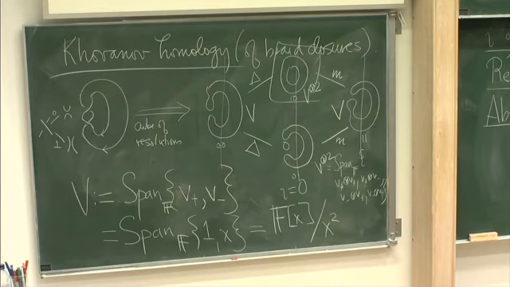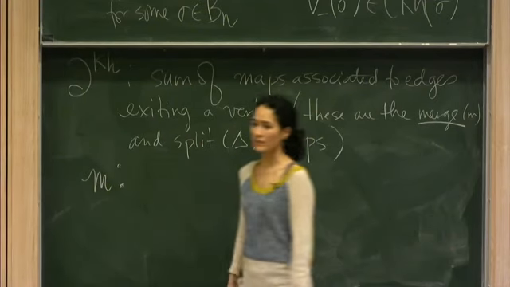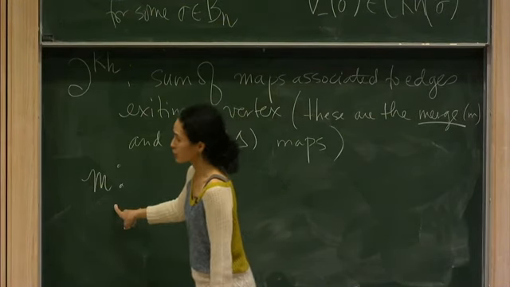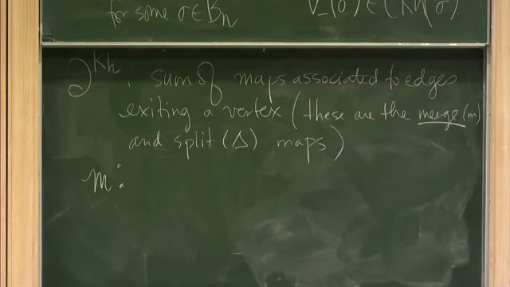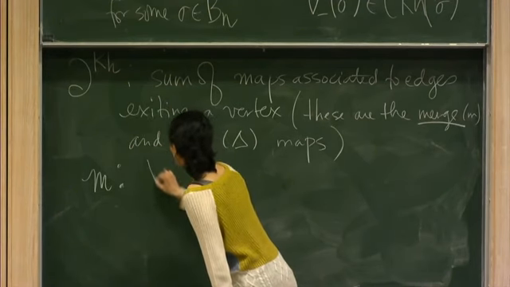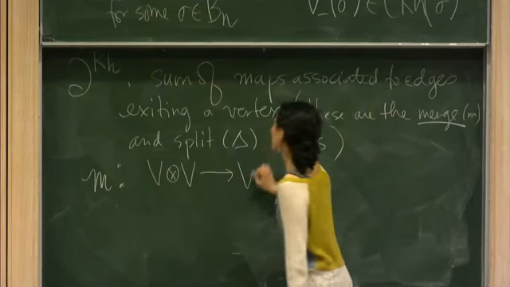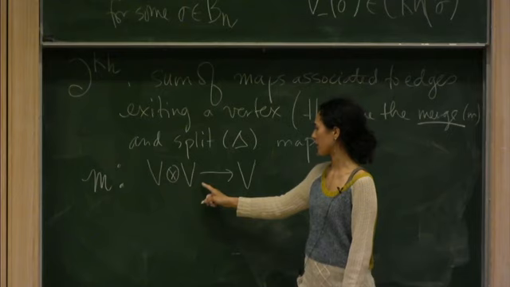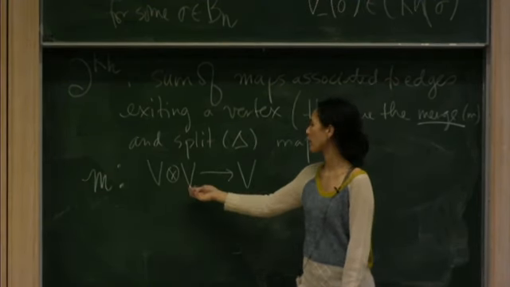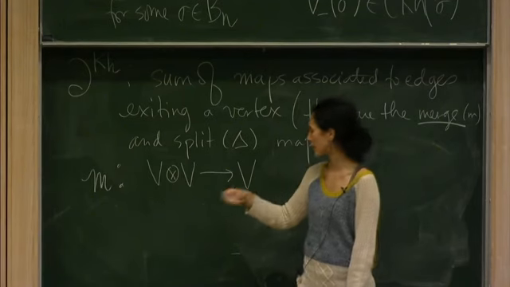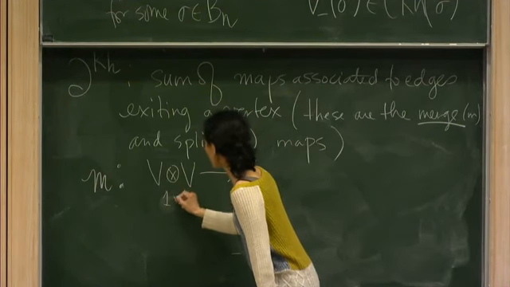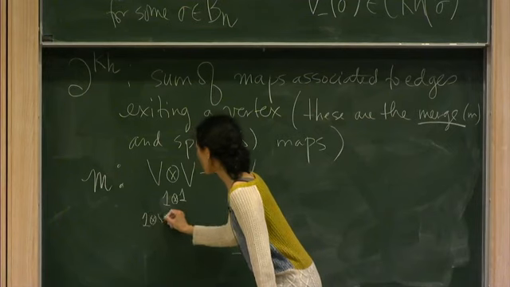Okay. And in terms of what they are on these distinguished basis vectors, the merge map you should think of as a multiplication map in this algebra, the natural multiplication map in this algebra. So on all the circles that are unaffected by the saddle-cobordism, you just keep the labels the same, and on the two circles that are affected, actually, let's do it in terms of the other names for the basis.